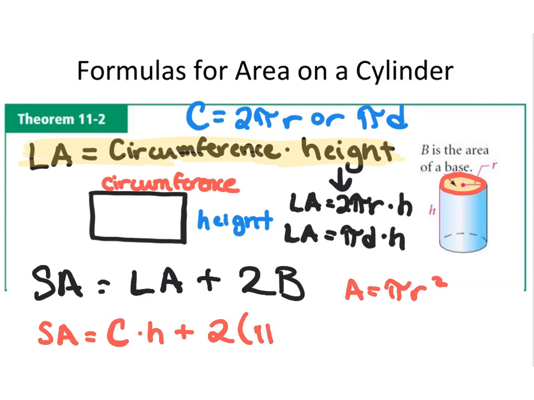So it's 2 times pi r squared. Again, the key takeaway is that the lateral area is a rectangle. It's a little different, but the surface area formula is identical.